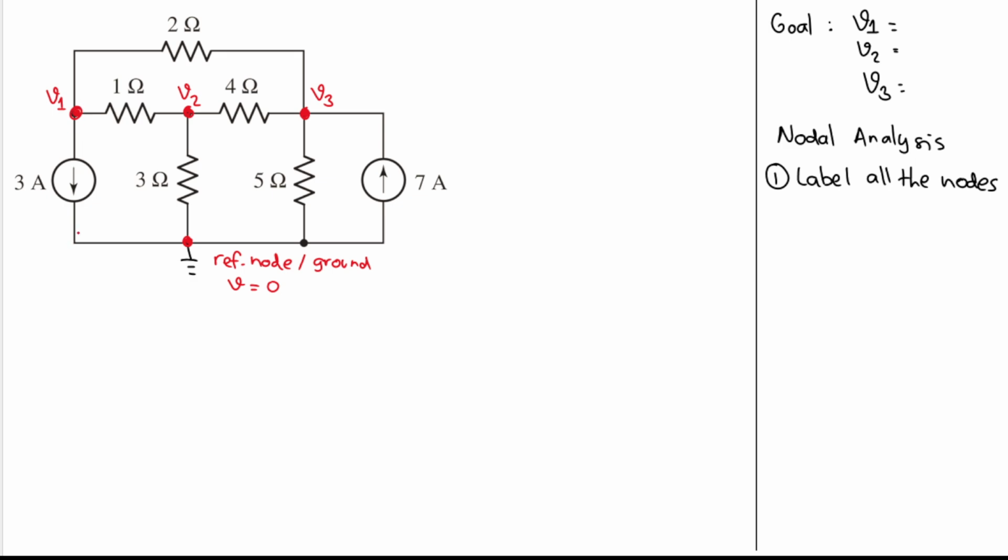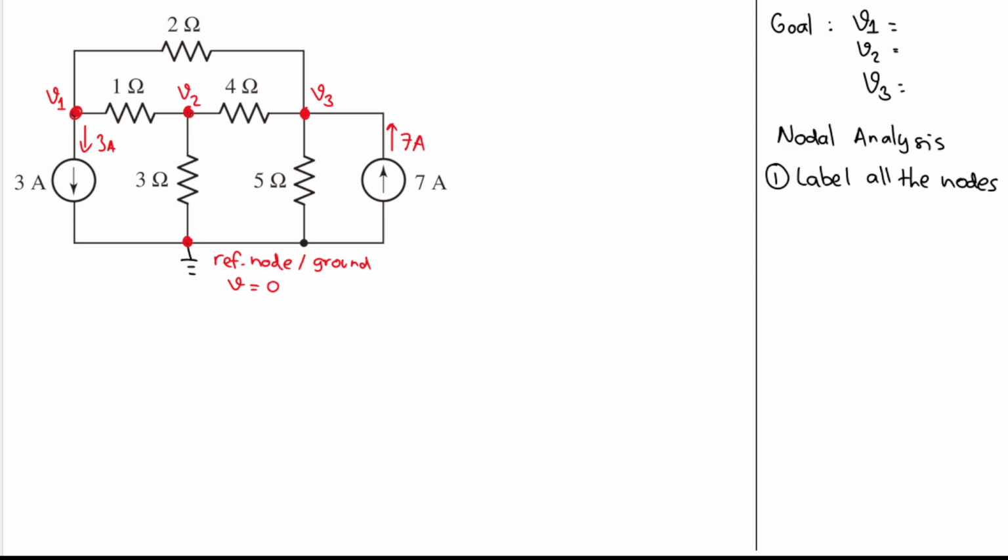The arrow is going down, so this current is 3 ampere. Similarly, the current here is 7 ampere, going up according to this arrow. I think we have extracted all the available information from the circuit.